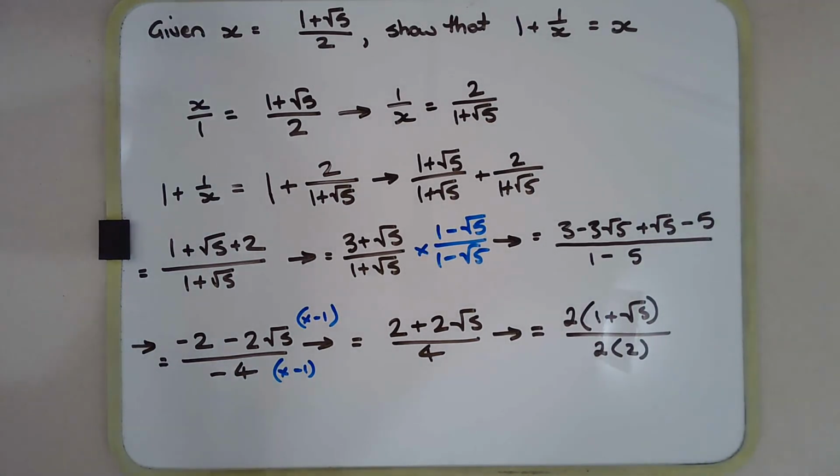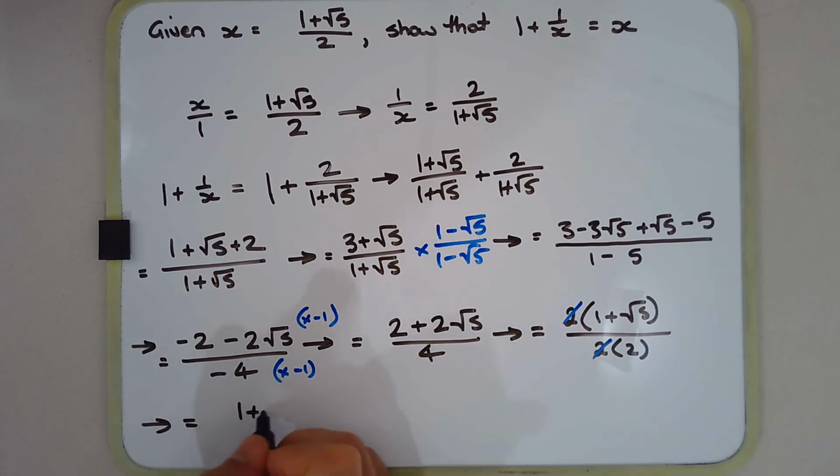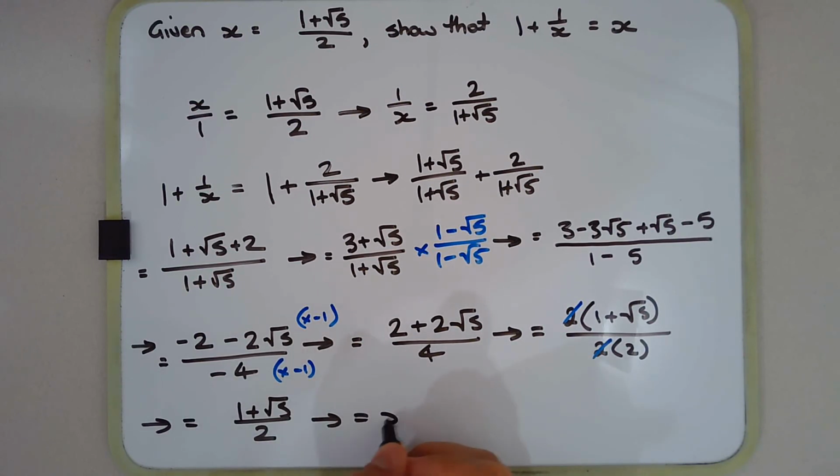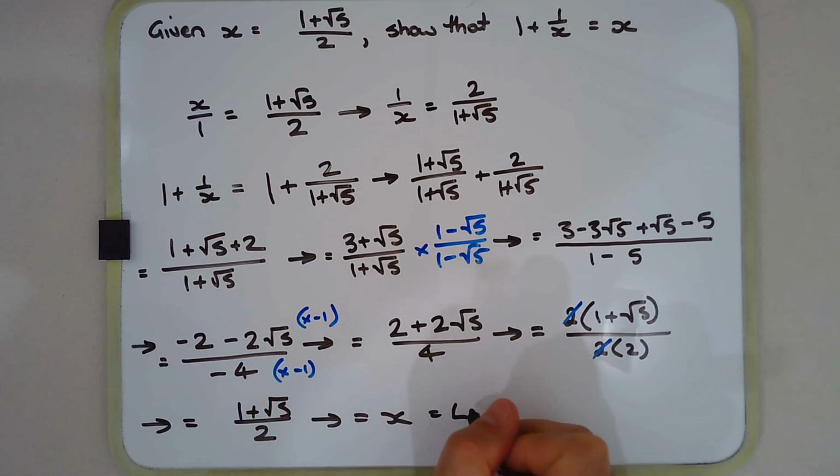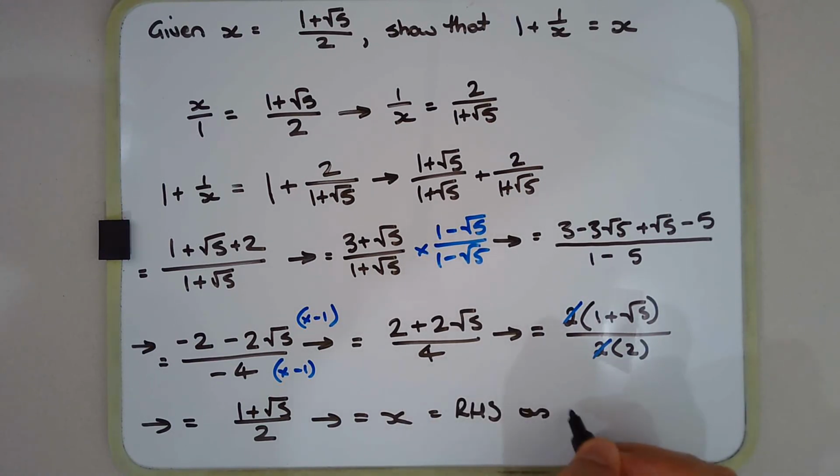Of course we can just divide the 2s out. That equals (1 plus root 5) on 2, which equals x, which is the right-hand side, as required.